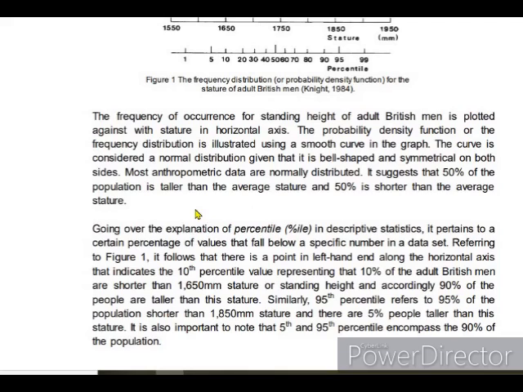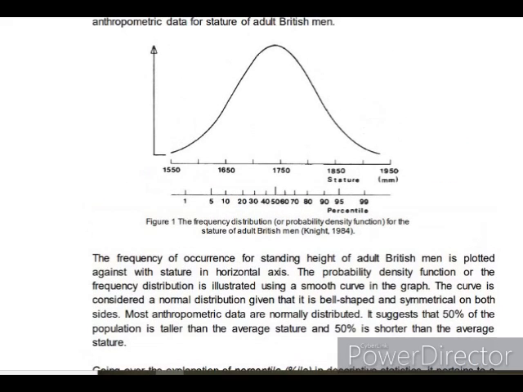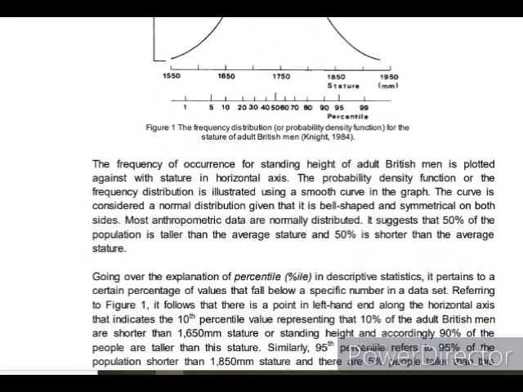So most anthropometric data are normally distributed. It suggests that 50% of the population is taller than the average stature and 50% is shorter than the average stature. So why is that? Because 50% is on the left and 50% is on the right. So that is why.